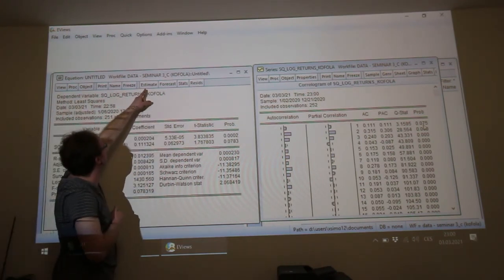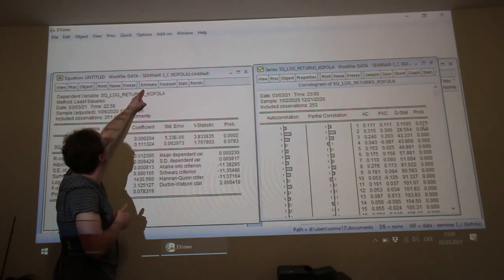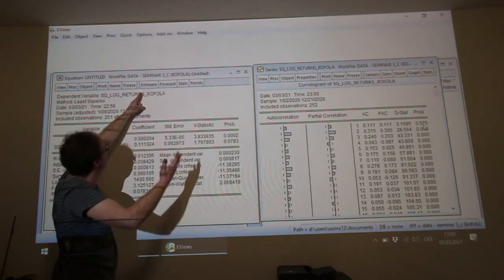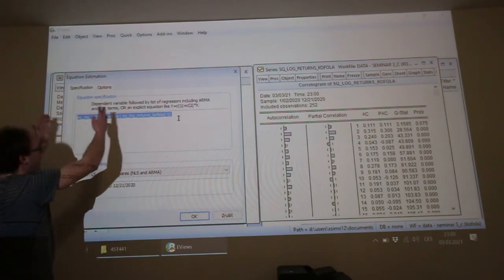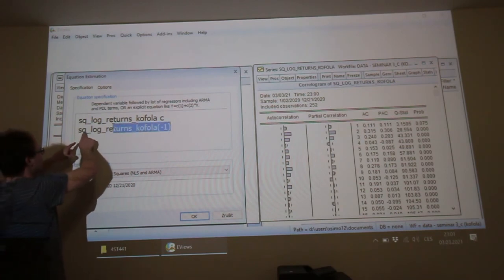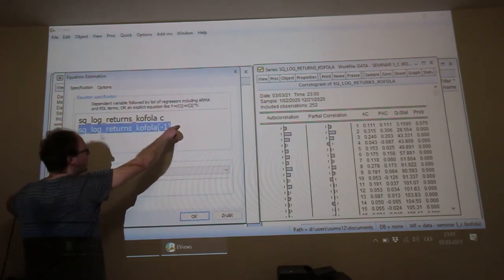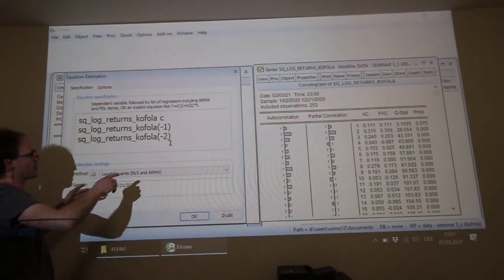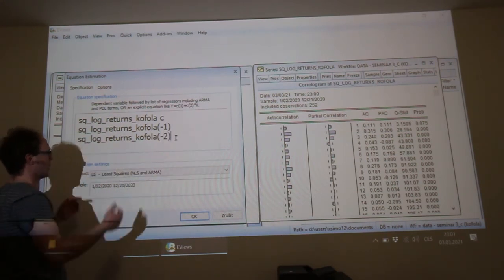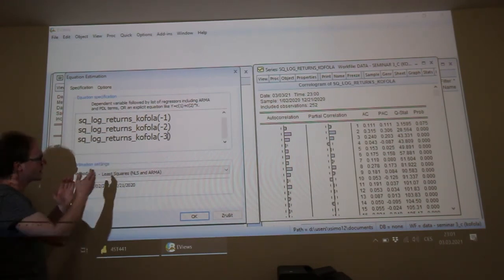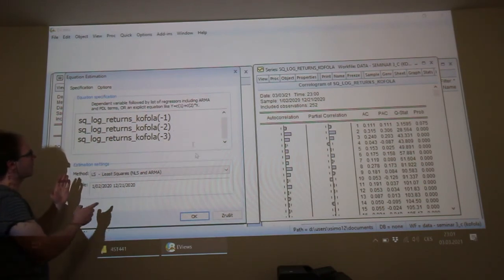Please click on estimate button, and we will give here more variables. We can increase the size of the font, and we can copy this squared log return Cofola minus 1 and paste it here, and we will use second lag, and for example also the third lag. So we will increase this model, minus 3.